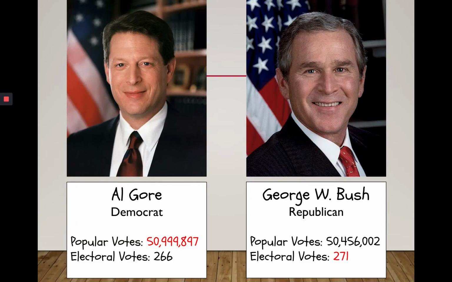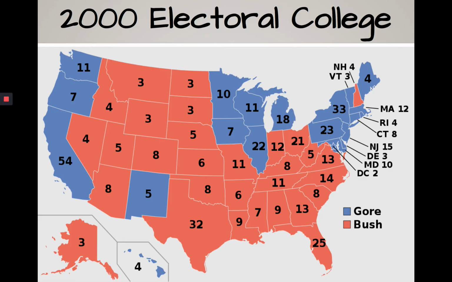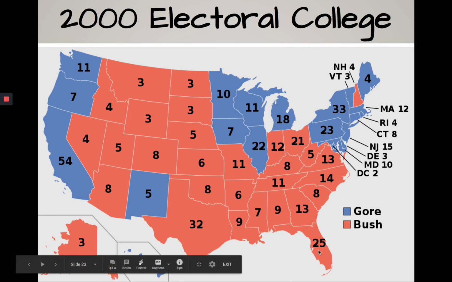And what this worked out to was Al Gore actually got more votes than George W. Bush, but he didn't win the electoral map. Some of these states where Bush won, Gore had a ton of votes and Bush barely won, the most famous of which was Florida, which Bush only won by a couple hundred votes, but he got all 25. It's basically the whole state of Florida then voted for Bush.